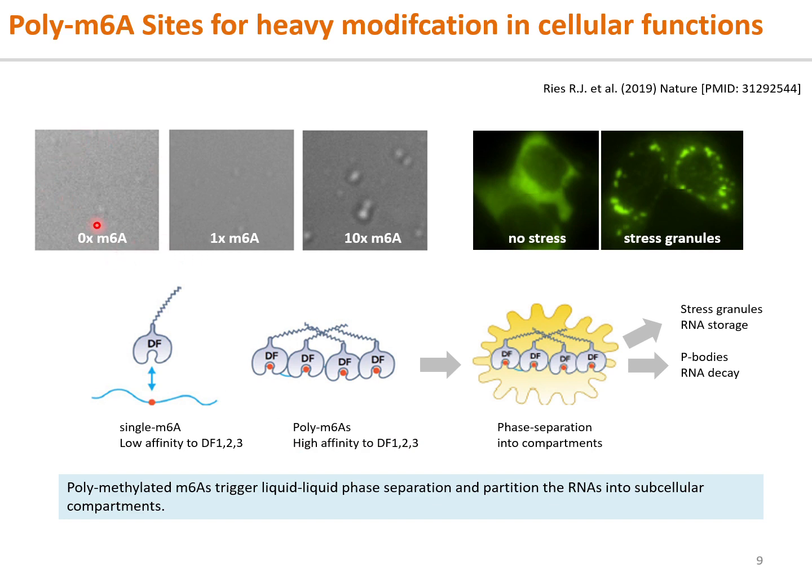With multiple copies of m6As, the RNA in the presence of YTHDF protein is partitioned into liquid droplets under the phase contrast microscope. In the cells, this RNA phase separation is a required part of the mechanism for RNA partitioning into subcellular components, such as stress granules under cellular stress or P-bodies for RNA decay.